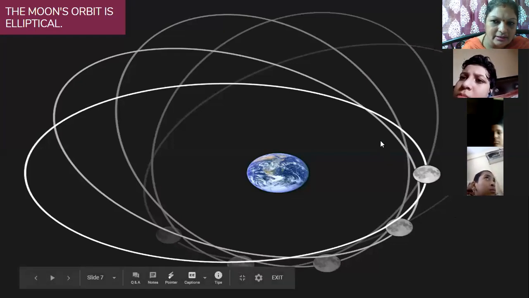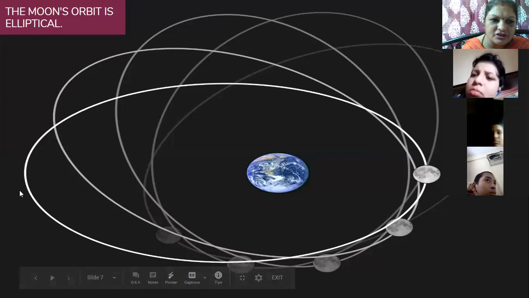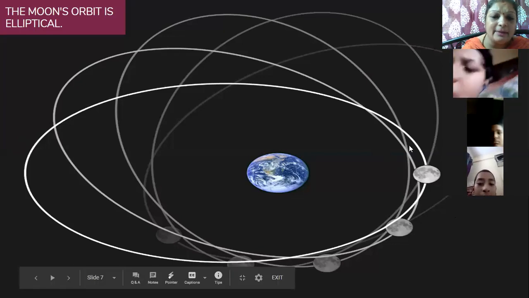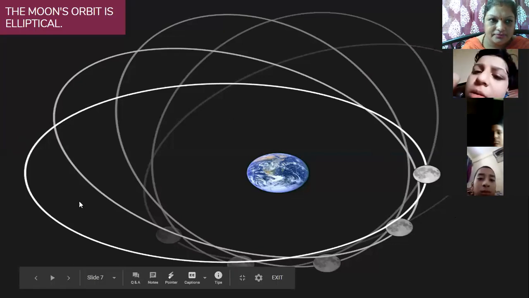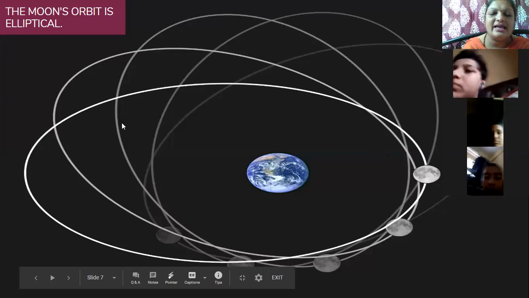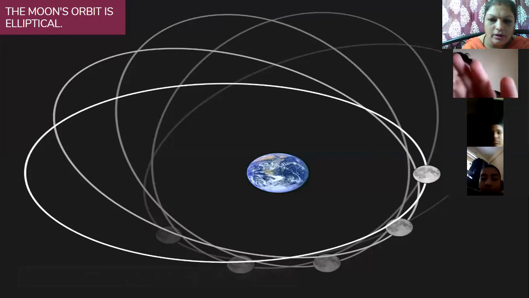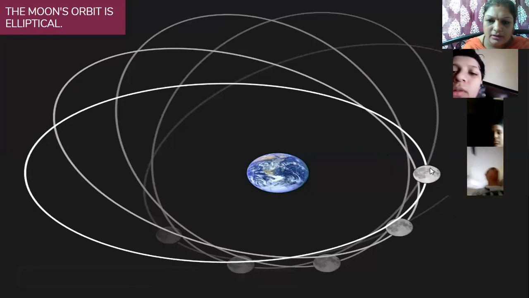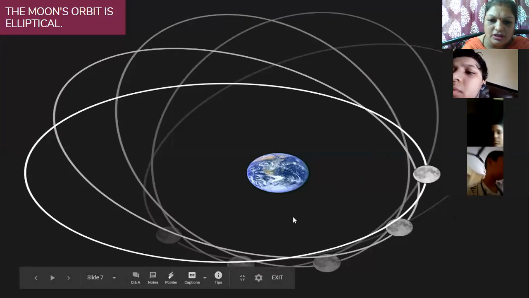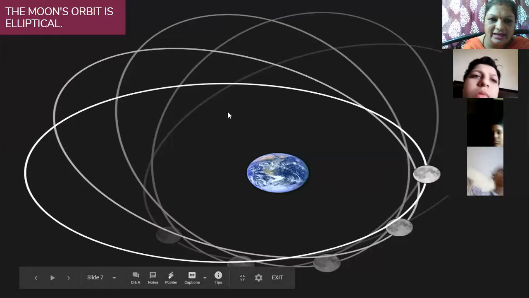But you can see here the orbit created by the moon is not circular, it is elliptical in shape. The moon's orbit is elliptical in shape. That means sometimes the moon will be away from the earth, and sometimes the moon will be closer to the earth because of the elliptical shape of the moon's orbit.